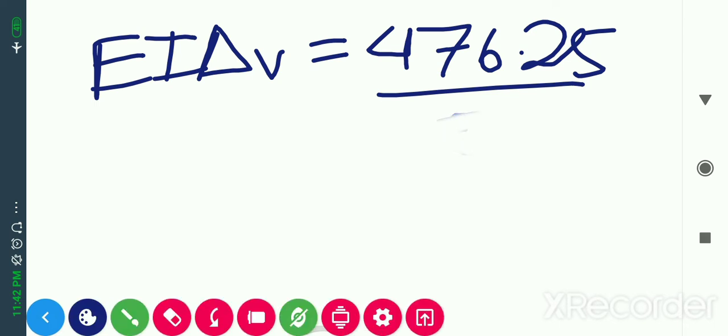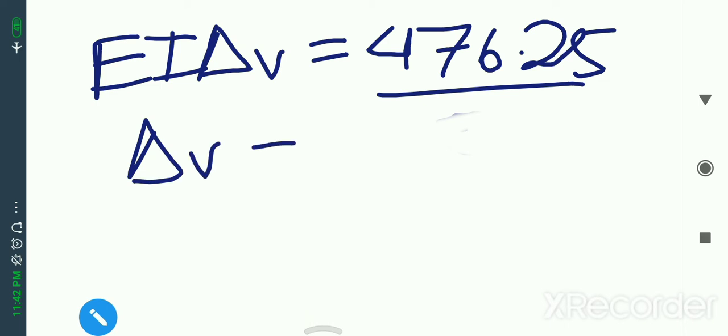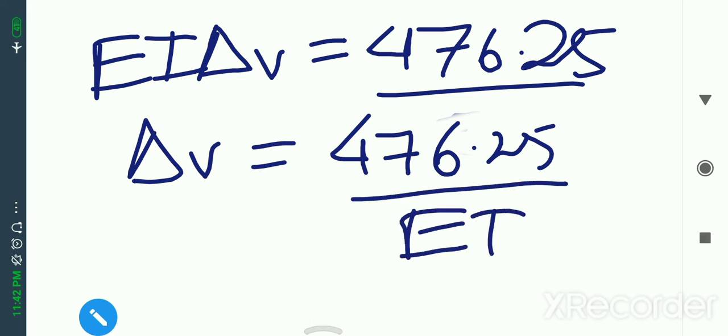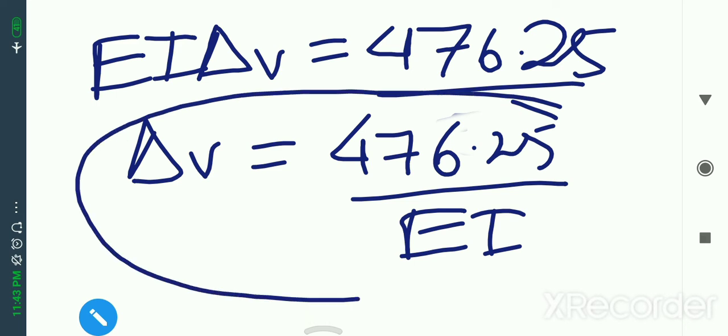So what will be the value of delta V? Delta V will be 476.25 by EI. This is the answer. So this was the first part that we have covered.